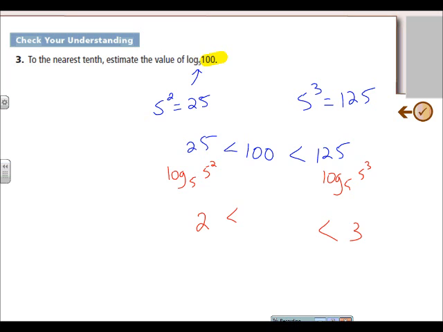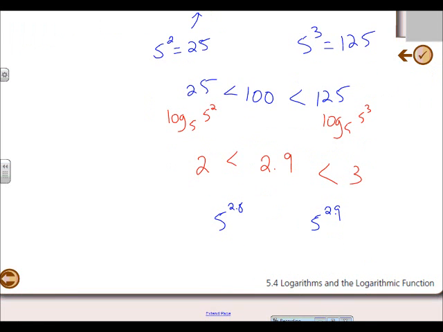So it's going to be 2 point something, and 100 is much closer to 125 than it is to 25. So let's say, hey, maybe it's 2.8, 2.9, somewhere in there. And you can then, at that point, take your calculator and say 5 to the 2.8 or 5 to the 2.9.